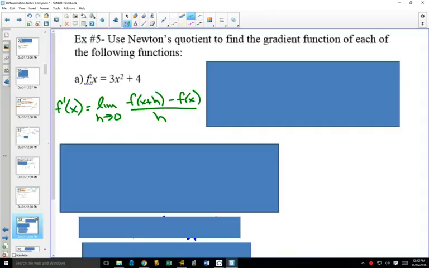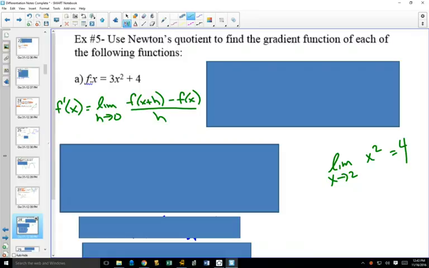Now, one of the things that you saw the other day when you were doing limits is that you can figure out a limit if you can plug in the number. Like you did a question, I think, the limit as x goes to 2 of x squared. That would equal 4. And it's just a matter of plugging 2 into the equation. So if you can plug the number into the equation, you can figure out the limit.